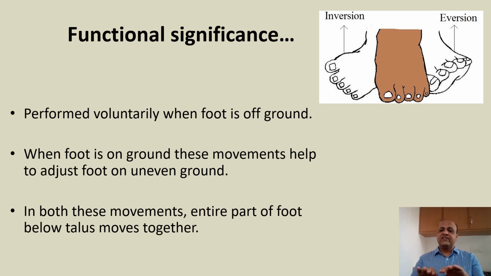So when the surface is not even, and the foot is placed here, it may be raised on one side, it may be raised on the other side. So the foot may be inverted or everted, and it helps us to stand on the uneven ground. And in both inversion and eversion, the entire part of the foot below talus moves together. So this is the functional significance of inversion and eversion.